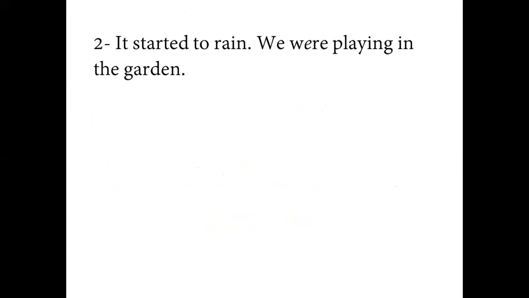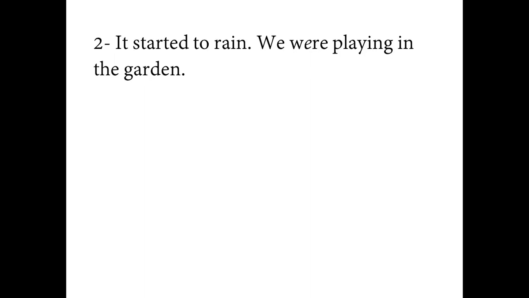What about the second one? It started to rain. We were playing in the garden. Of course, as explicit here, the first sentence is for the short action. That's why we use the past simple tense for it. But the second sentence is for the continuous action, the action that took time in the past.